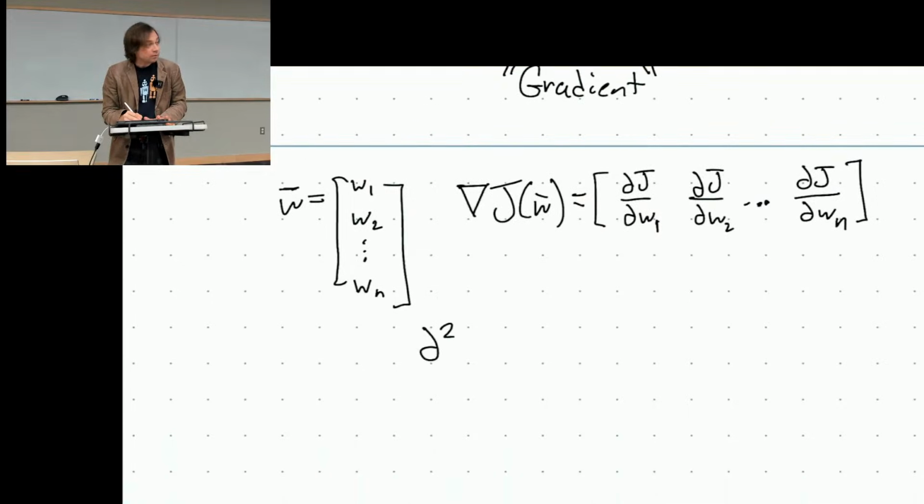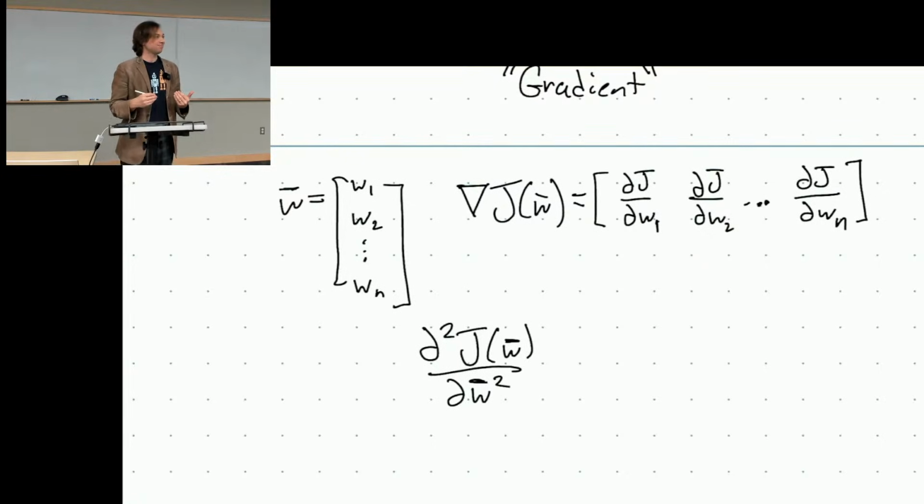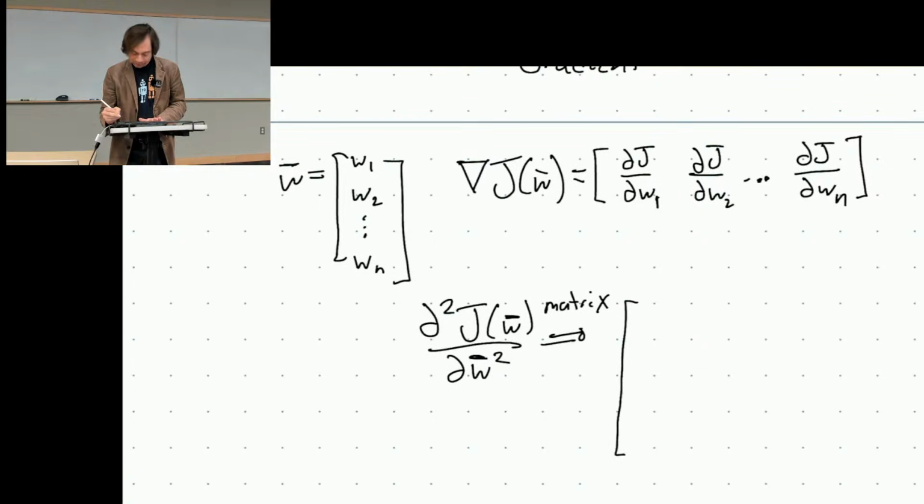The second derivative of a function J of w, with respect to w, where it's a vector, gives you a matrix. Okay. This is the linear algebra part of how this mixes with calculus. So this would be the second derivative of J with respect to w1 twice.